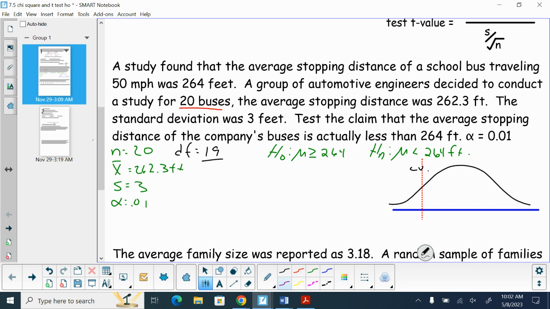Michael, what do you get? 2.539. And since we are going to the left here, we are going to go negative. Once again, common mistakes are going to the wrong column: you go to the two tail 0.01, or you go to the 0.10 instead of the 0.01.